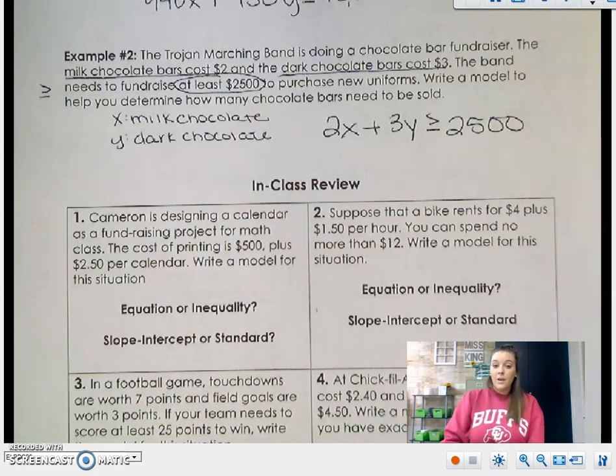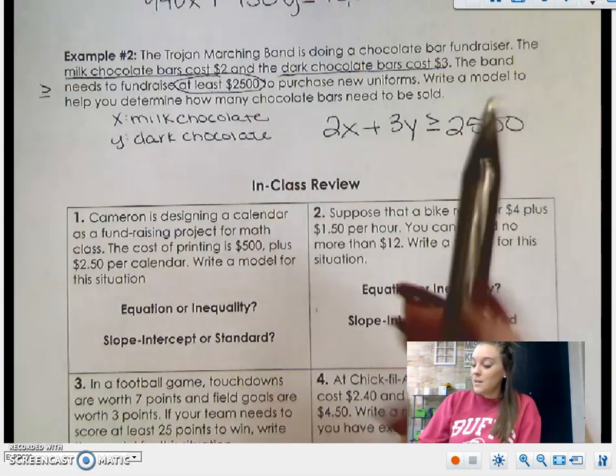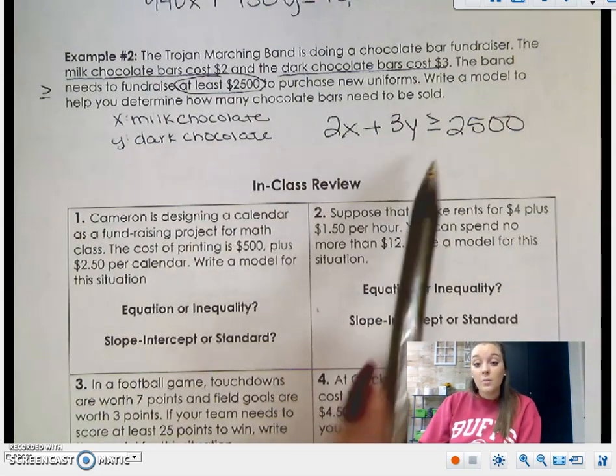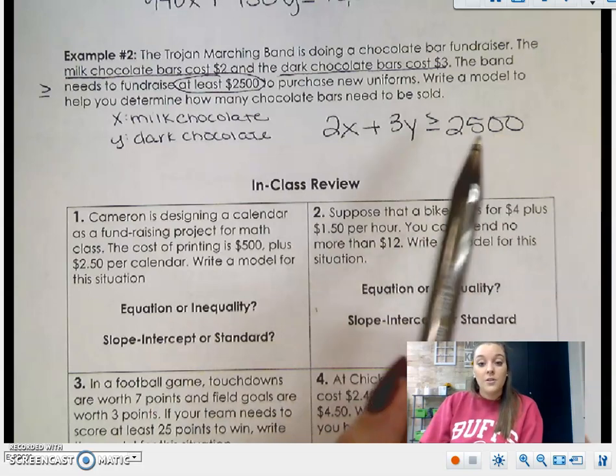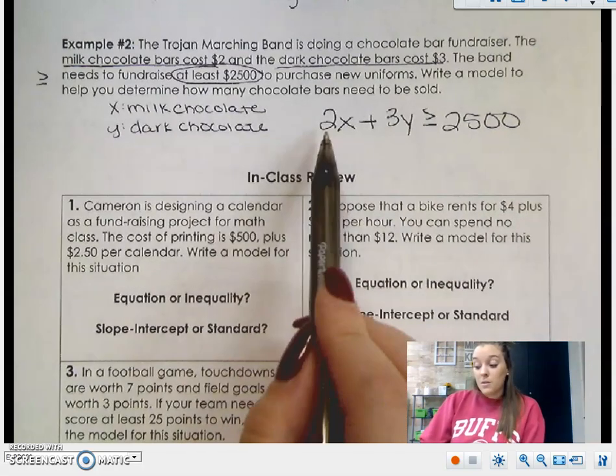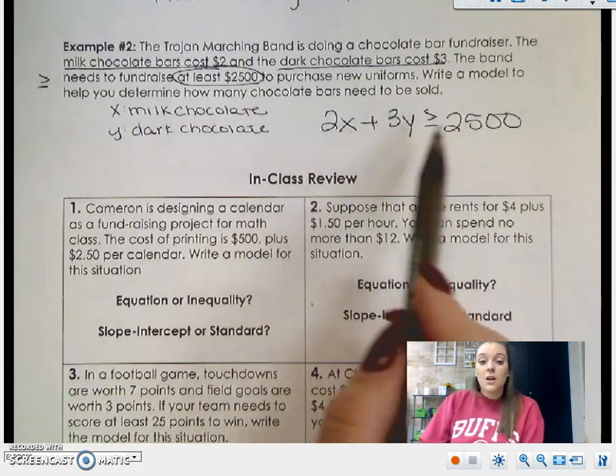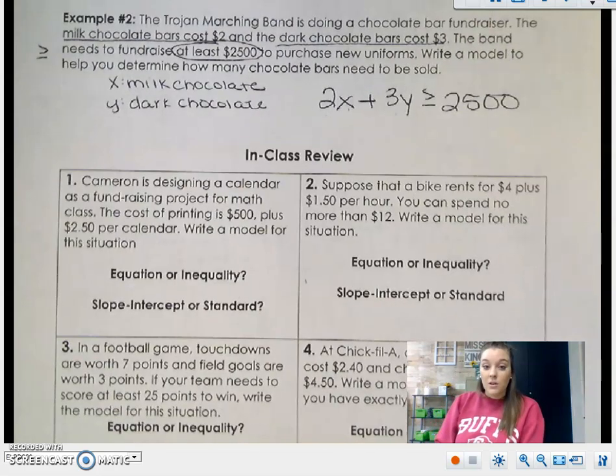The band is going to need to sell a lot of chocolate bars to get this $2,500 because milk chocolate bars are only $2 each and dark chocolate bars are only $3 each.